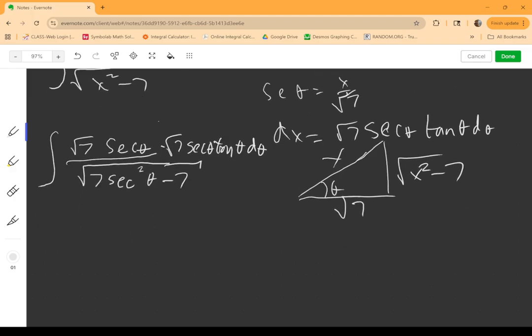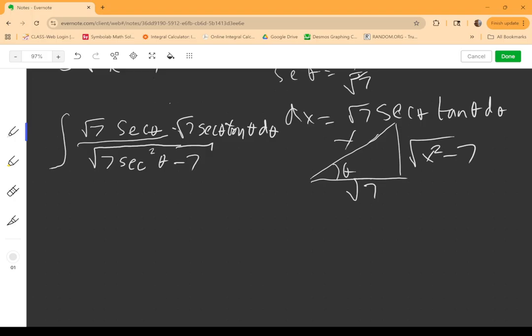Okay, so let's continue here. When I factor out the root 7, I'm going to reduce one of these. One of those reduces, but I still have another one here, so let me factor that out. We get 7, and here we're going to have secant theta times secant theta tangent theta over the bottom, secant squared theta minus 1, that reduces to tangent squared, but take the root.